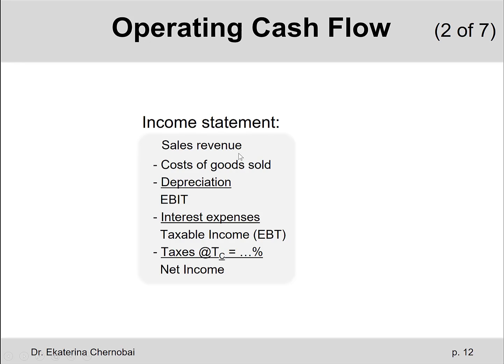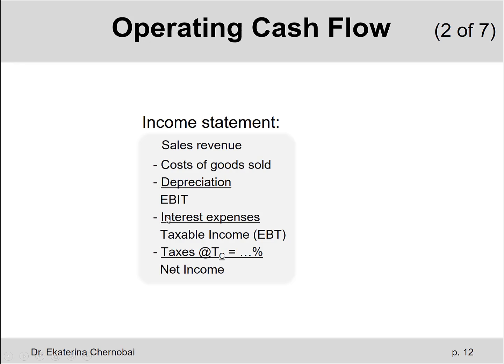The first row is the sales revenue, the money that would be coming in from selling our product. And then everything that follows in the rows underneath is different expenses. First we subtract the costs of goods sold, then we subtract depreciation. After subtracting these two items from the sales revenue, we get EBIT, which stands for earnings before interest and taxes.